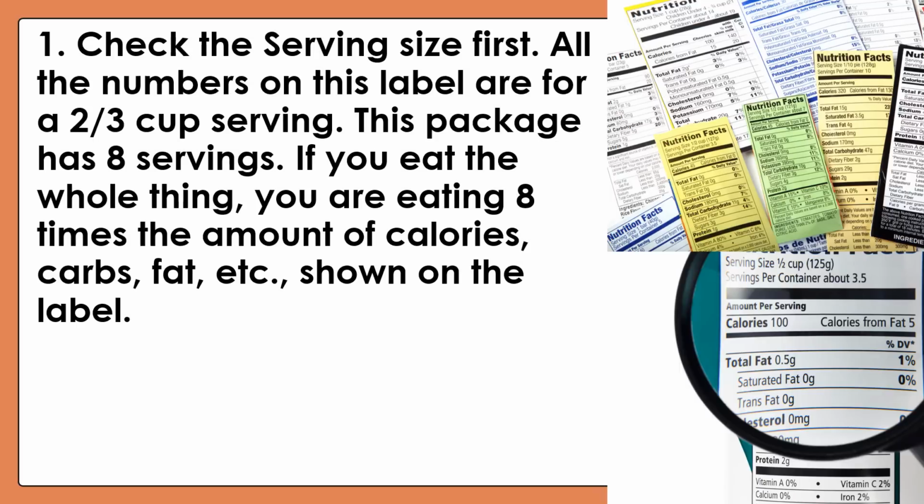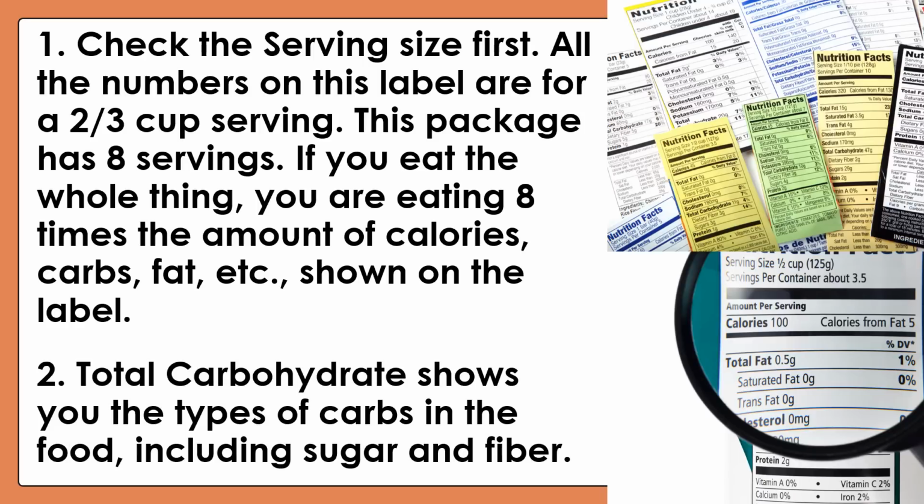Number 1, check the serving size first. All the numbers on this label are for a 2/3 cup serving. This package has 8 servings. If you eat the whole thing, you are eating 8 times the amount of calories, carbs, fat, etc. shown on the label.